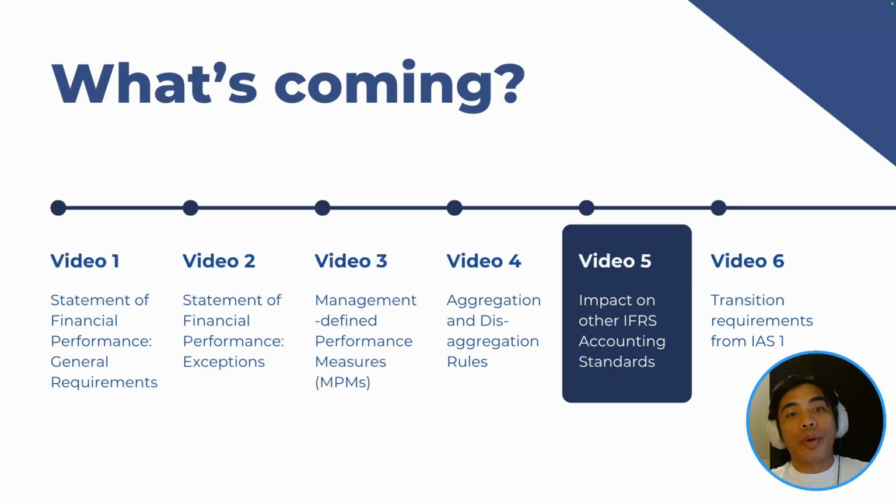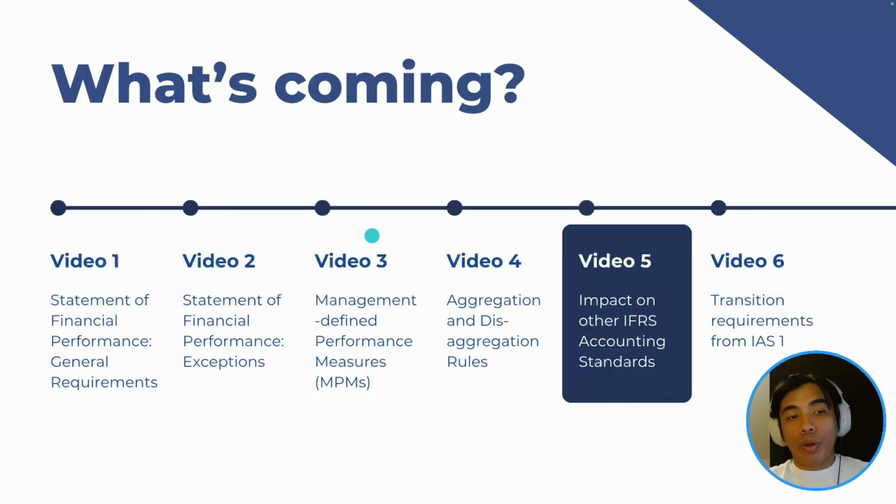As you may have seen in prior uploads, this is our 5th video about the topic of IFRS 18. And if you haven't seen the earlier episodes yet, we have covered already in 4 videos the general requirements and the exceptions of the new financial performance statement of IFRS 18.